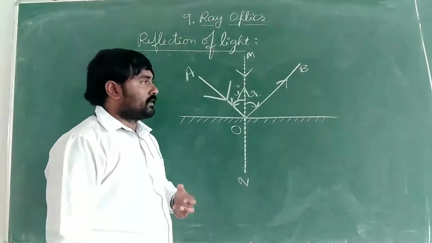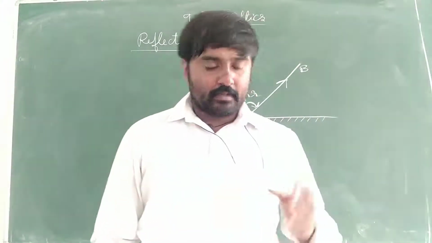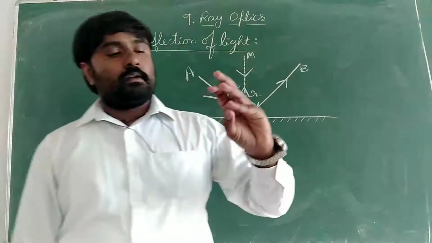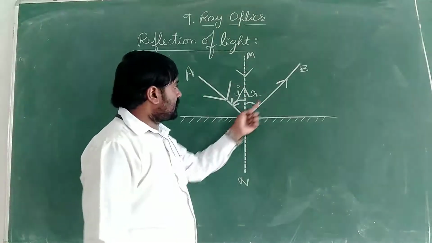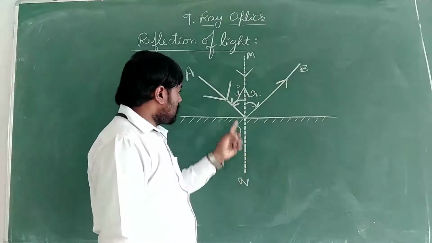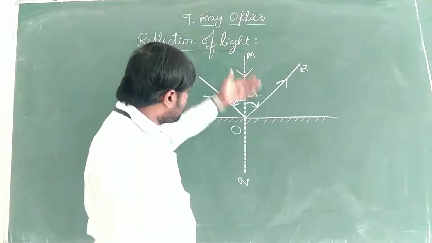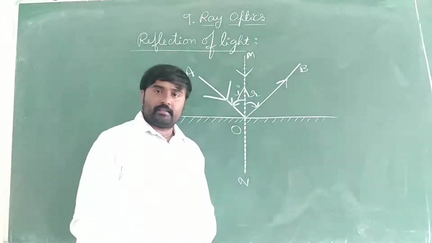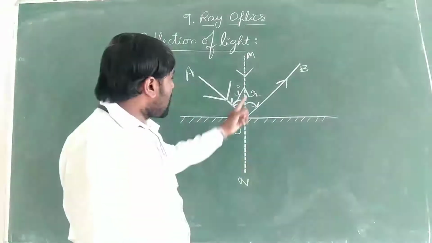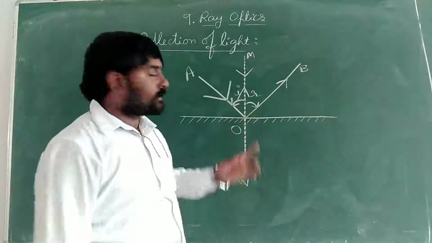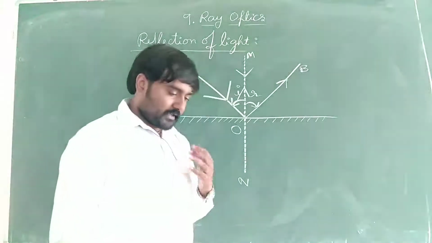So what are the two laws of reflection of light? Number one, the incident ray, reflected ray, and normal at the point of incidence all lie in the same plane. The second one is the angle of incidence is exactly equal to the angle of reflection.